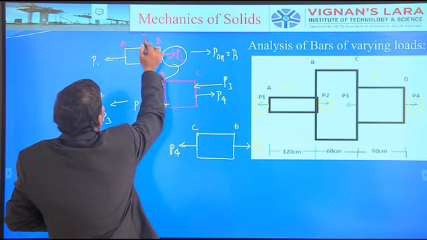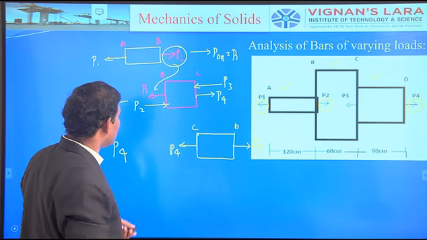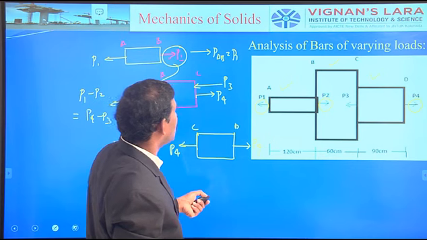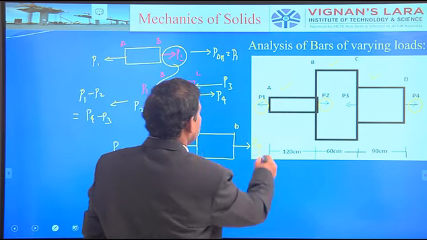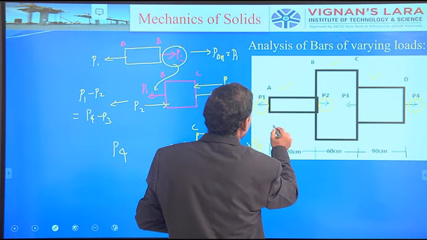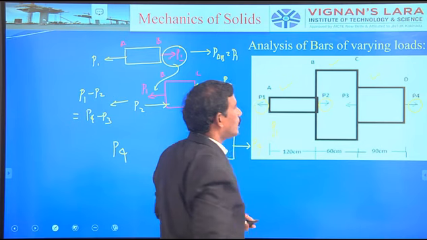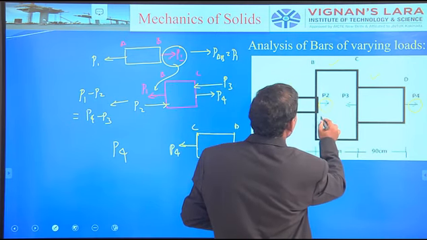So by drawing the free body diagrams separately for individual portions, you can calculate the force or stress and strains in each member. What we did, this is the first portion. What about the net force acting on the first portion? Say this is P1. What is the net force acting on the second portion BC?